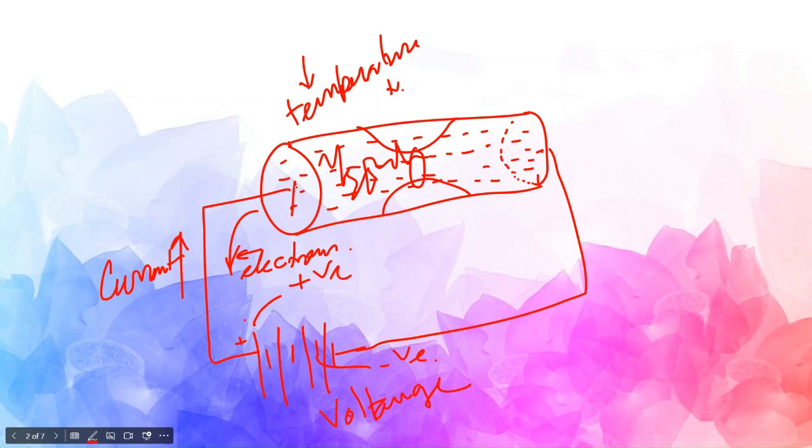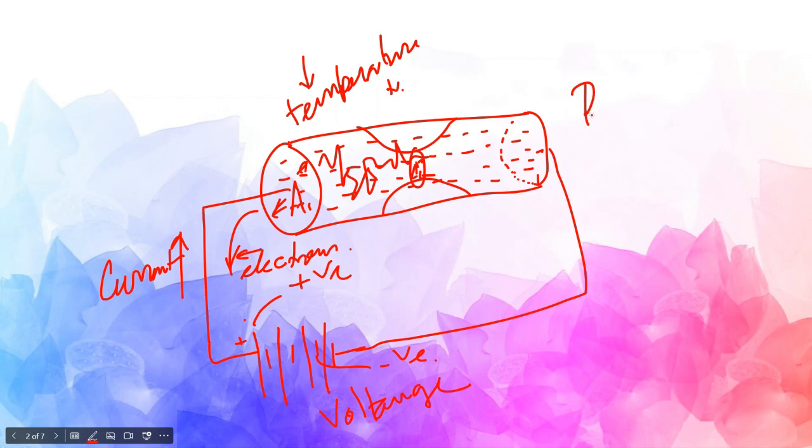So this is a big area A1, this complete part, and this A2 is smaller, right? That again will create resistance which will oppose the flow of current.